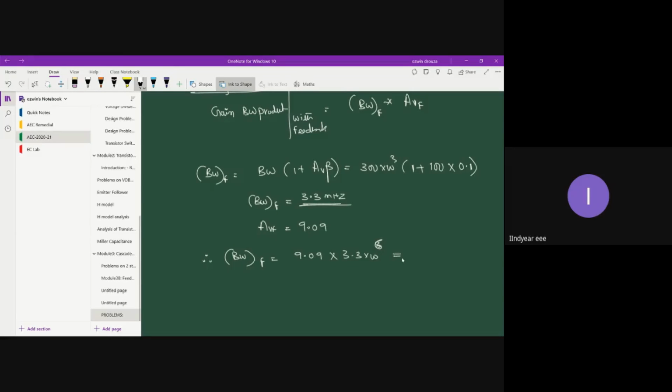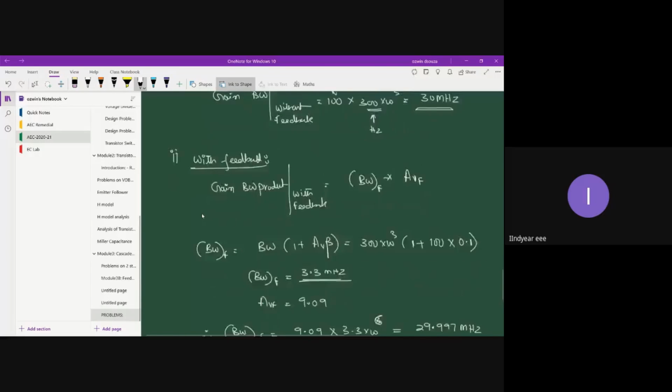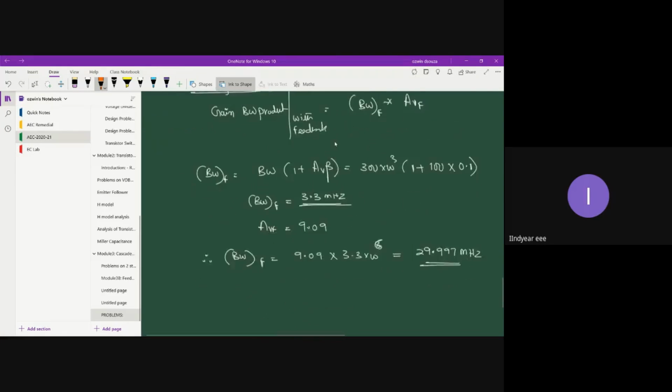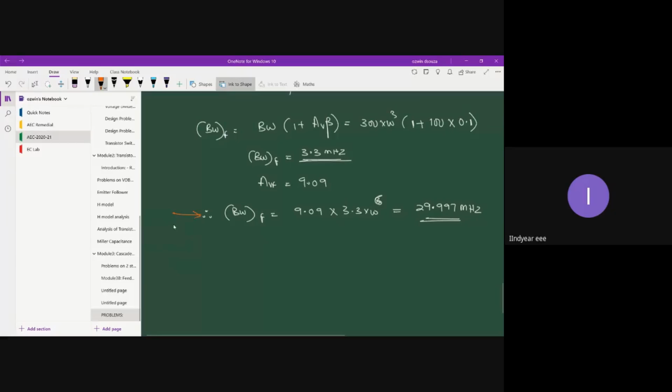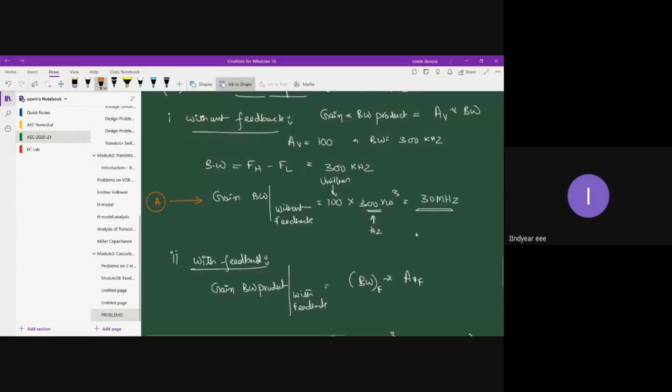Okay, so that is 29.997 megahertz. If you compare the two values, gain bandwidth product without feedback with gain bandwidth product with feedback, you would see that the gain bandwidth remains the same, right?